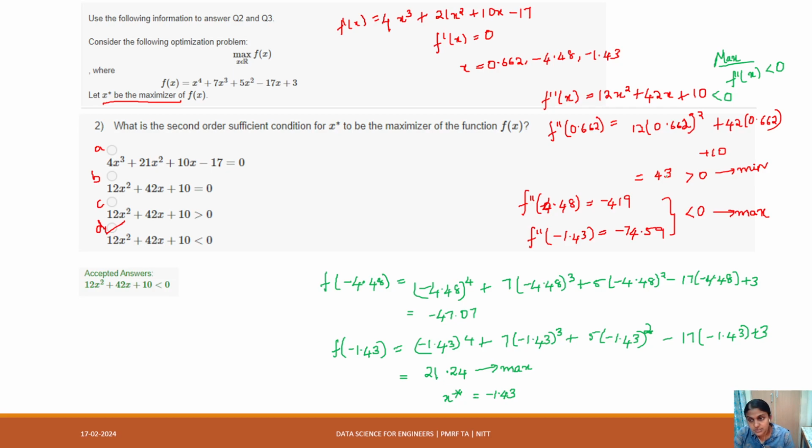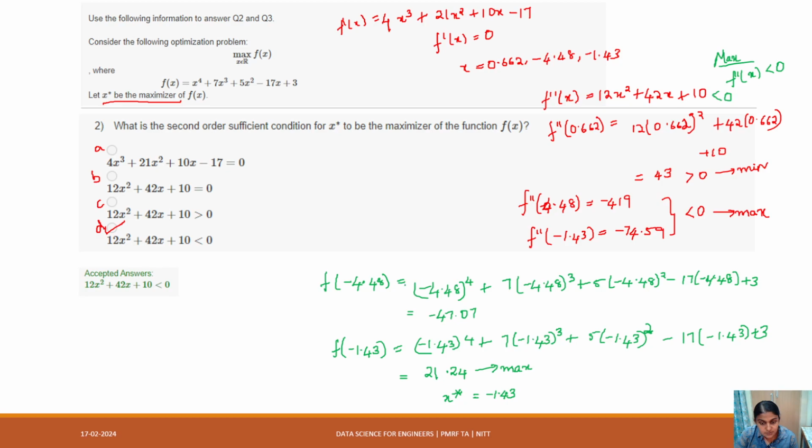So if you look at this, at 0.662 the minimum can be obtained, since the sufficient condition is coming greater than 0, and that means minimization of the function f of x. Maximization happens when the second order condition is less than 0. Two of those conditions are coming up, 2 points are giving less than 0.